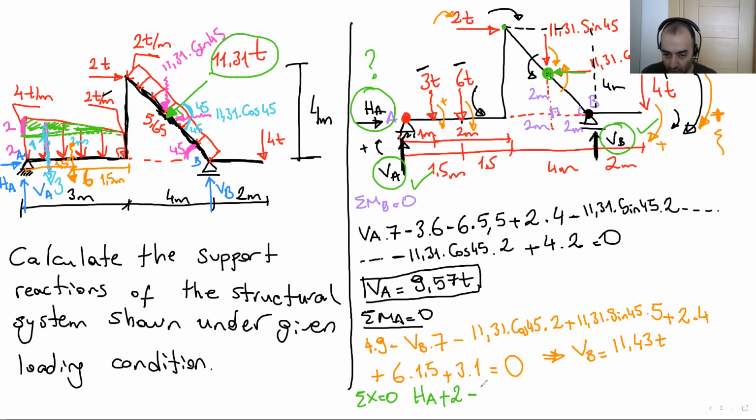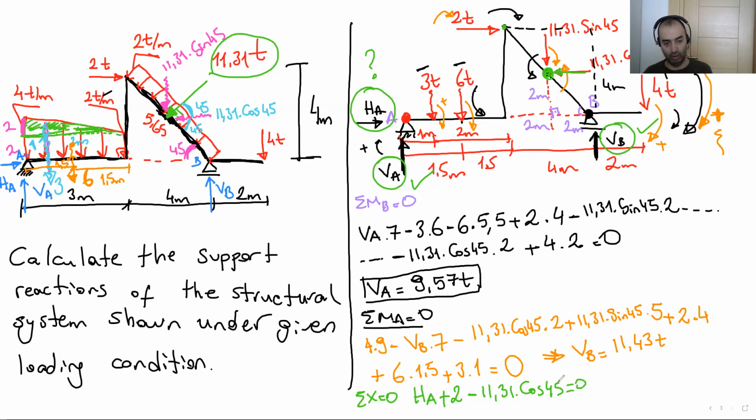And its magnitude is 11.31 times cosine 45. Yes, we did this one, and we go ahead. The beam, is there any horizontal load? No, there is no more horizontal load on the beam after this point. Equals 0.